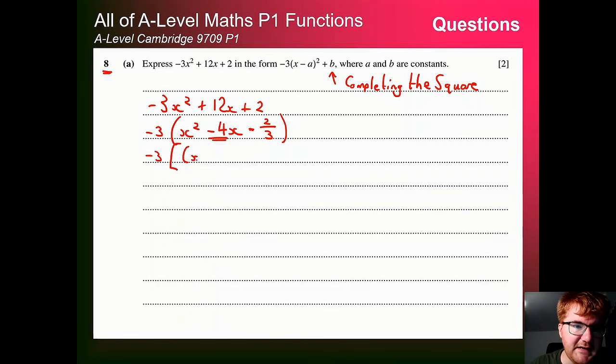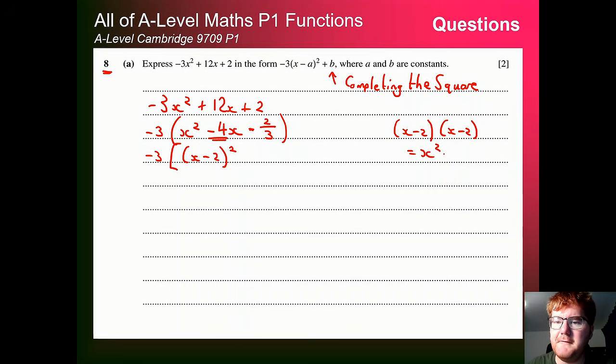So that's going to give us x minus 2 all squared. Let's consider what it looks like when we multiply this out normally, and you can do this mentally as well, which gives us the first two terms as we want, but not the last one. Minus 2 times minus 2 is positive 4. So to get this last term, we need to do minus 4, then include this term in, minus 2/3. Then we're going to use that little trick we saw before.